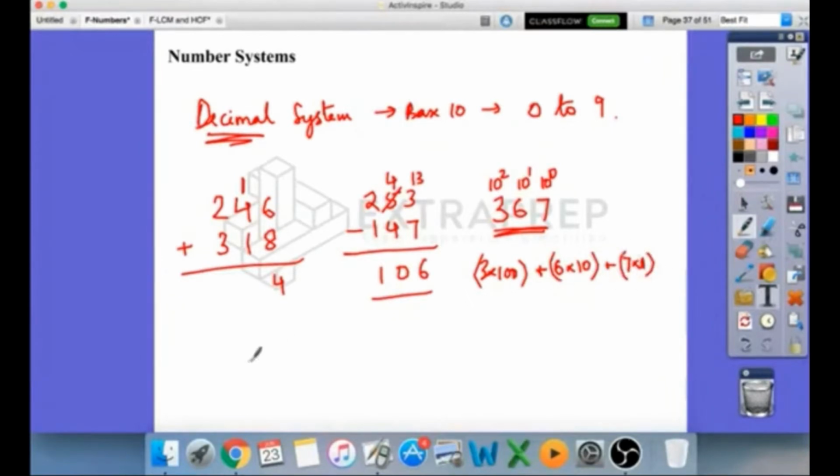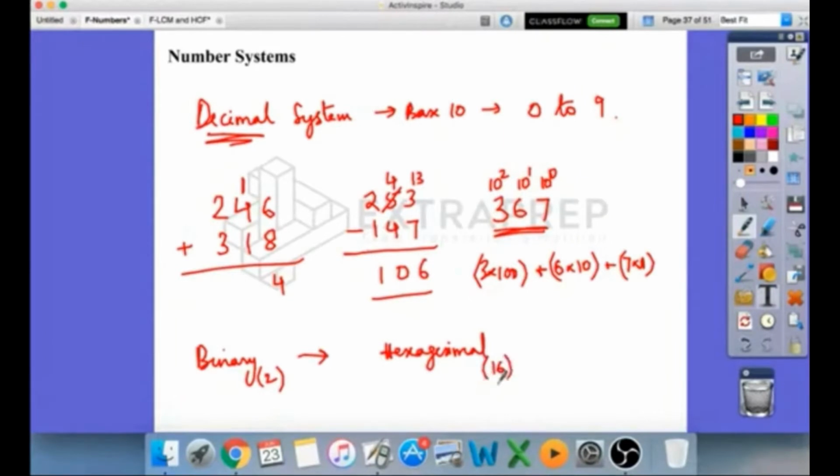Now we have to understand that there are different systems. In number systems, there are other systems also, like binary, hexadecimal, octal. To use them, if somebody gives you a question to convert binary to a hexadecimal system, binary is base 2, hexadecimal is base 16.